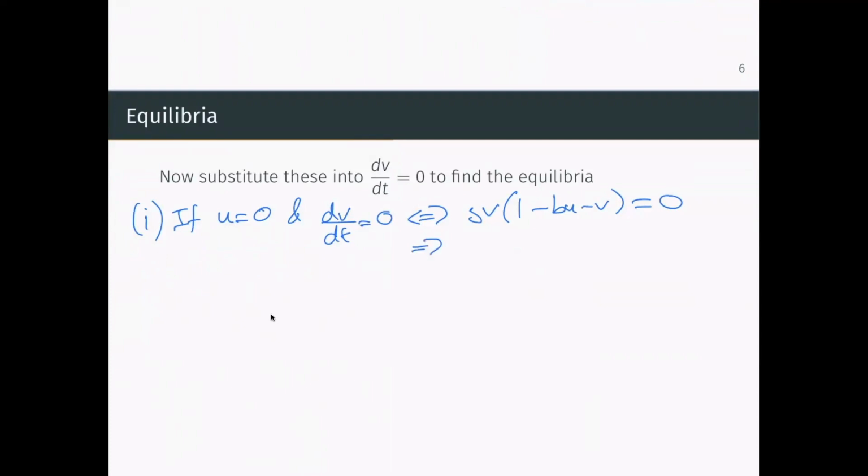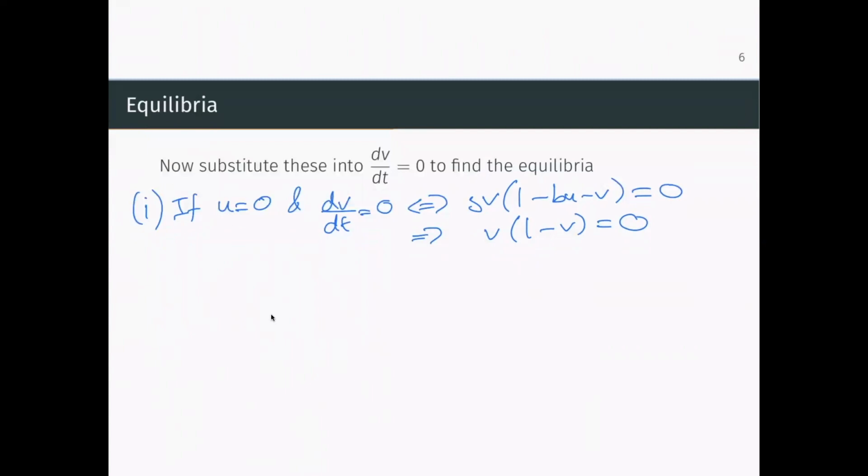If we have u equal to 0, then that implies we have s times v times (1 - v) is equal to 0. In fact, we can get rid of this s at the front because that's just a positive constant. And therefore, v is equal to 0 or v is equal to 1. So if u is equal to 0, then either v must equal 0 or v must equal 1. So we have two equilibria here already.